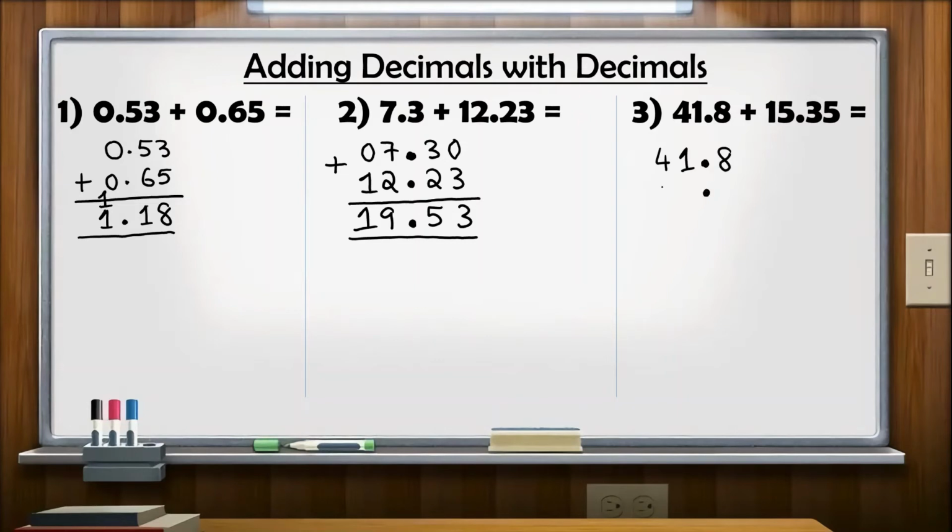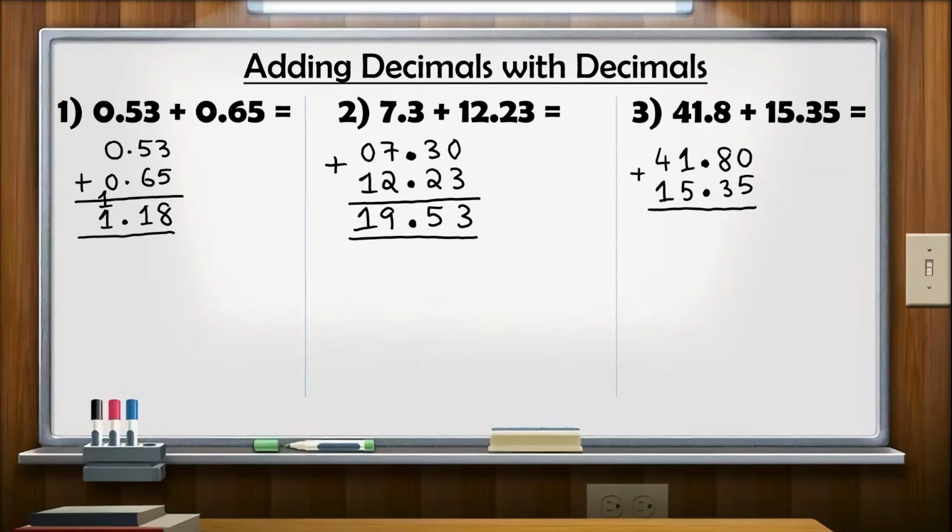My decimal point again, and I've got 15.35. Now you may have noticed that the numbers are not perfectly in line, as we have a missing gap. So again, I will put in a placeholder, which will then allow me to go on and answer the question.